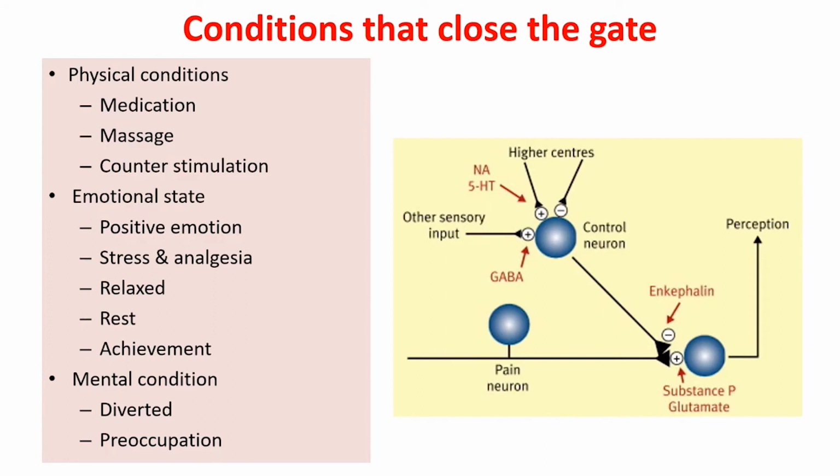The second is massage. Massage will excite the large diameter touch sensitive fibers carried by A beta. They would be activated, and they would activate the substantia gelatinosa cells to inhibit the target neuron, which is reaching in the spinothalamic tract.